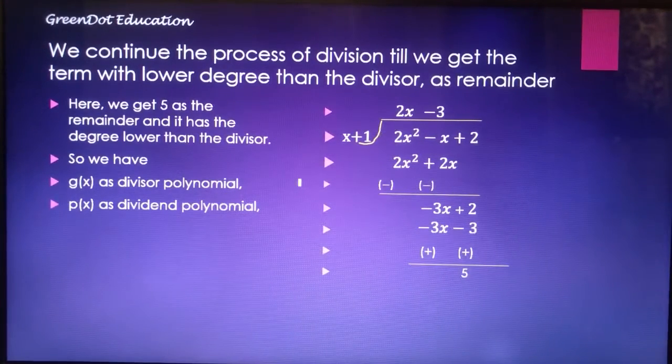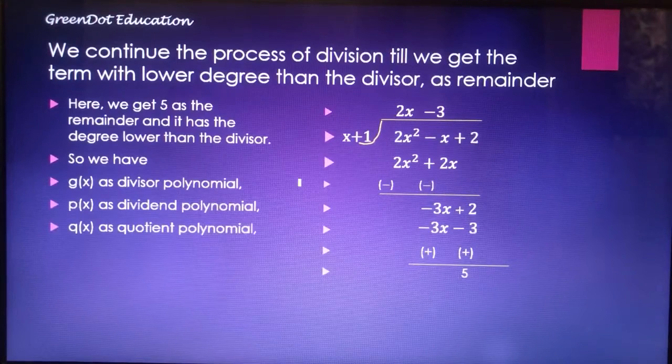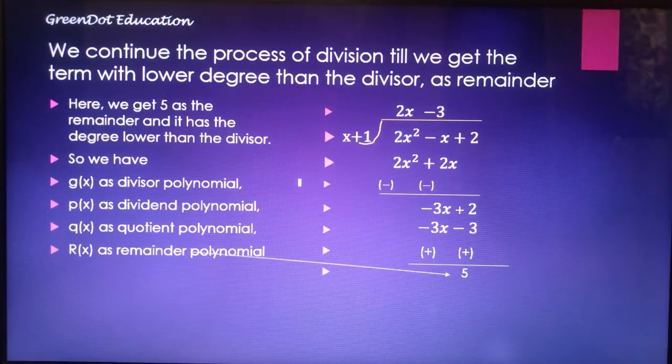Then the quotient polynomial q(x) is the polynomial that is 2x minus 3. And finally we have the remainder polynomial, that is given by 5. So here we have obtained the divisor, dividend, quotient and the remainder.